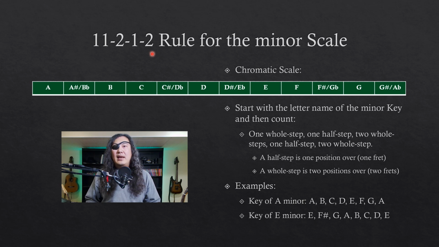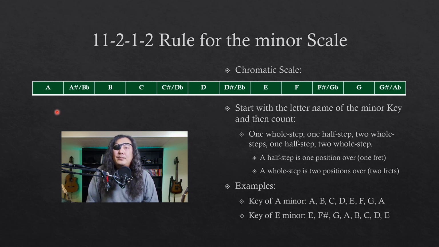So let's go ahead and use A minor, the key of A minor, as an example because, like the key of C, it doesn't have any sharps or flats in it. Just like the key of C major, A minor only has natural notes. I shouldn't say whole notes. That's the wrong terminology. It does not have any sharps or flats in it.